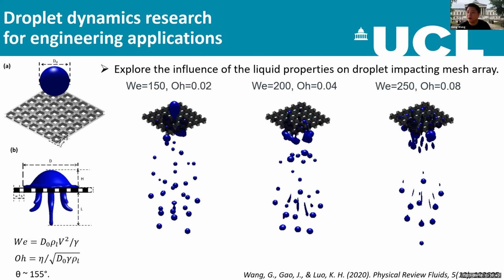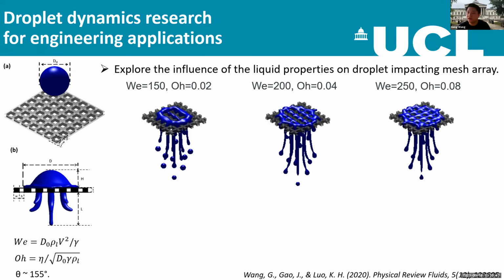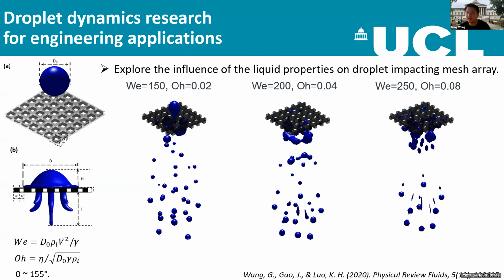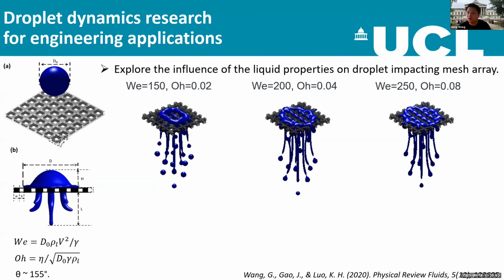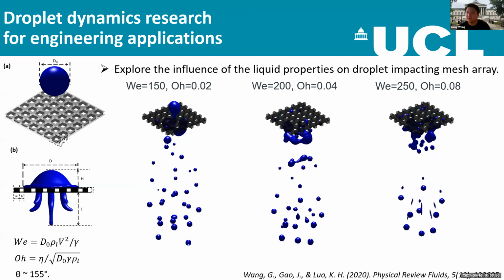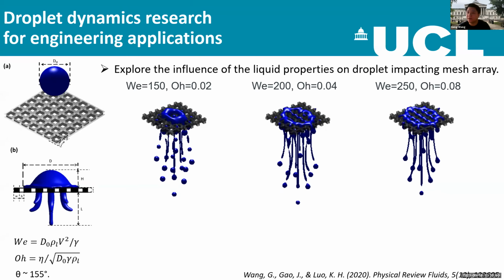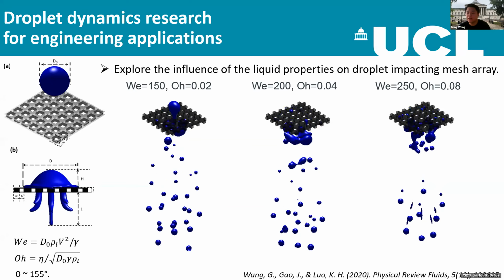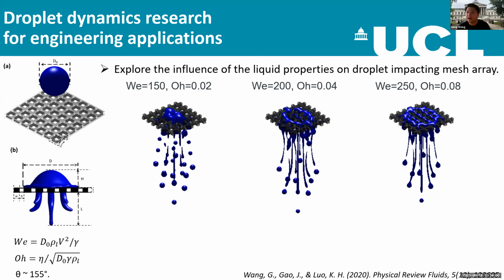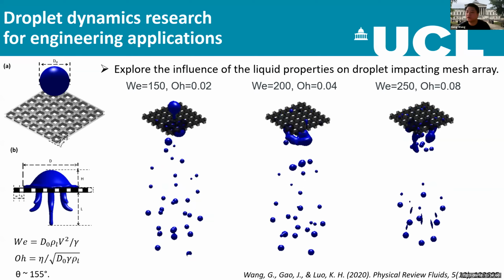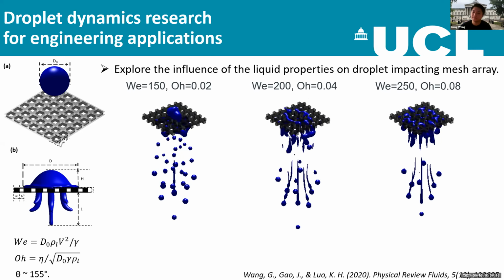This work gave a comprehensive parametric study to investigate the dynamic process of droplet impacting, penetration, and fragmentation. The results clarify the influence of the liquid property on droplet maximum spreading diameter, jet breakup length, and beyond. The quantitative data achieved by the numerical approach benefits the understanding of this complex droplet dynamics.